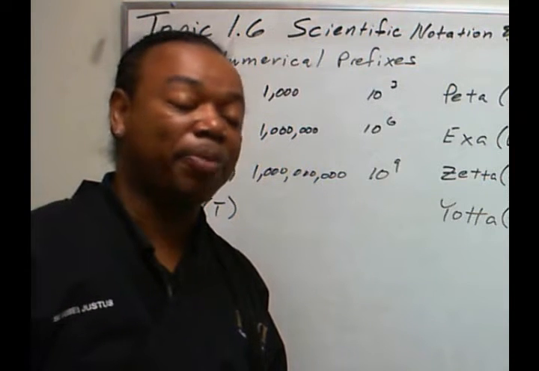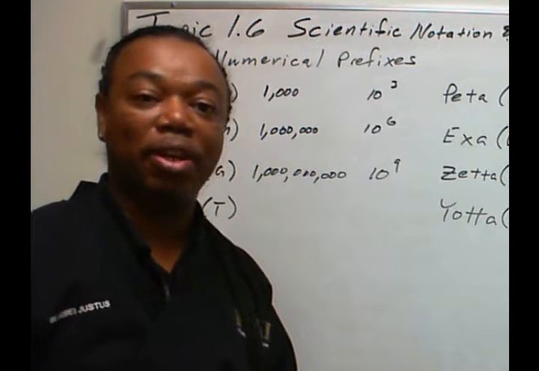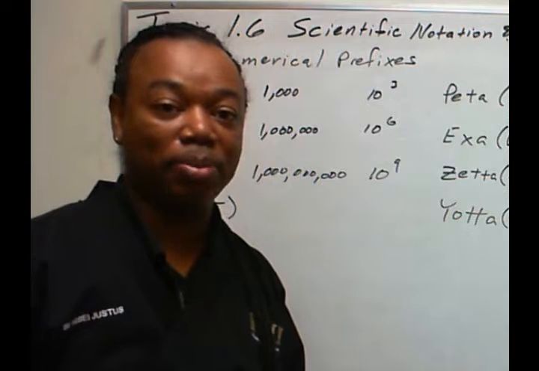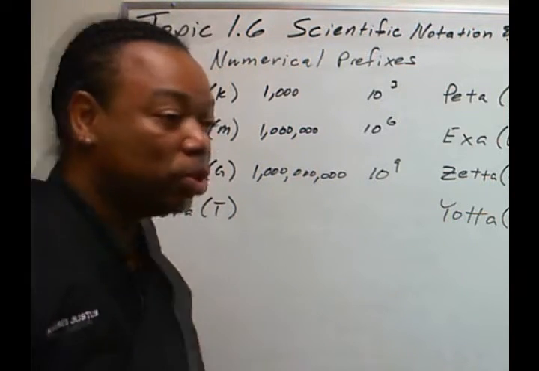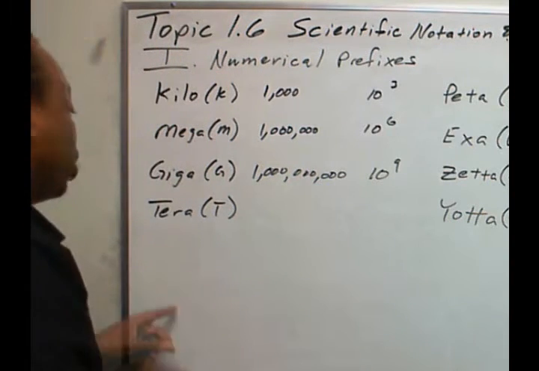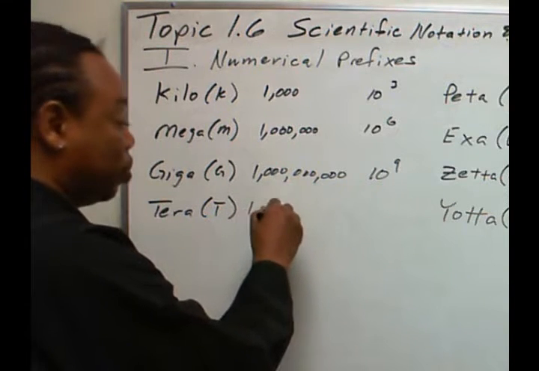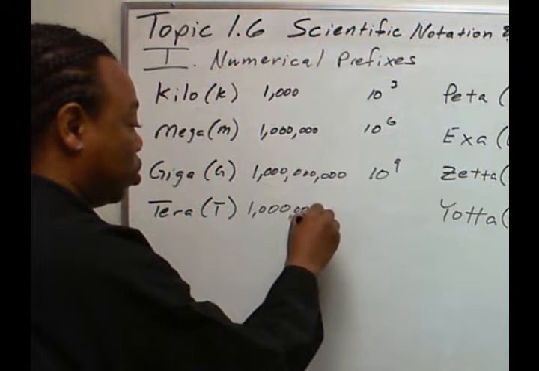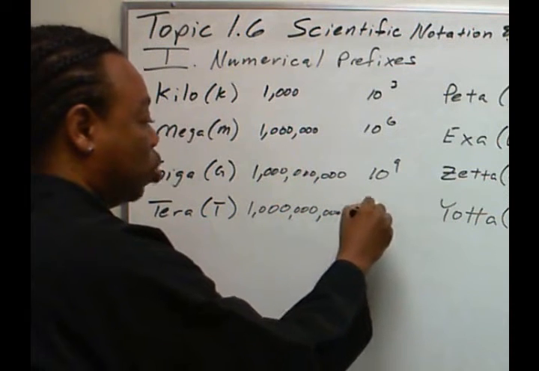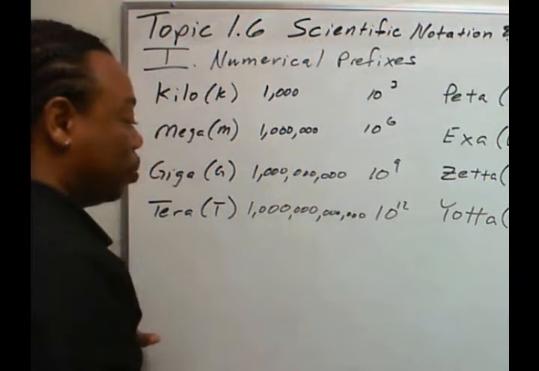At the time I bought a gigabyte drive, I assumed that I wouldn't need anything larger than that to hold everything. Well, now, 2010 plus, we're up to the terabyte drives, which is 1 trillion, which is 10 to the 12th power.